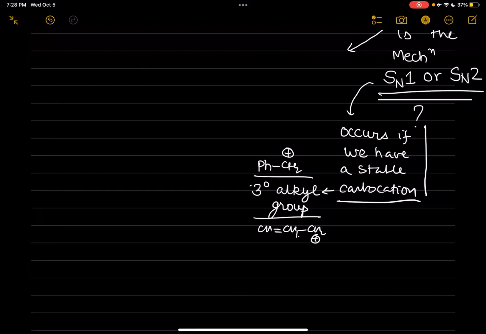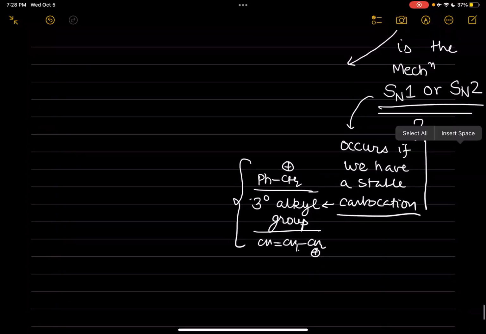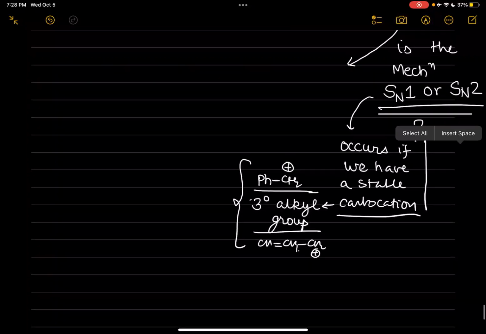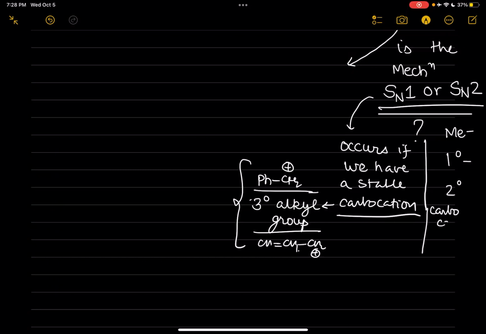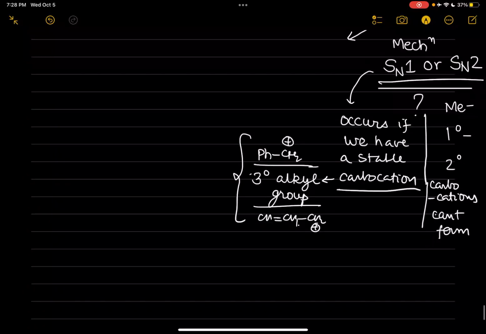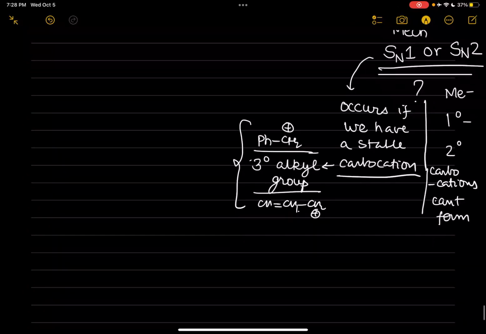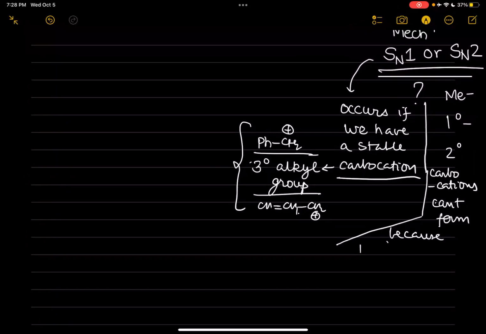These carbocations are very stable. And methyl, primary and secondary carbocations can't form because they are not very stable.